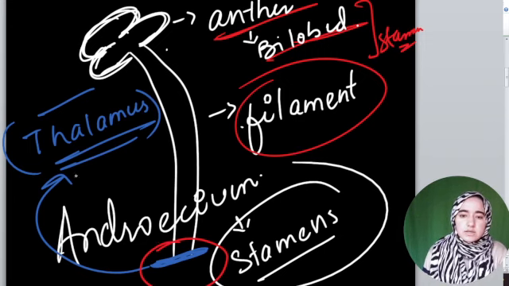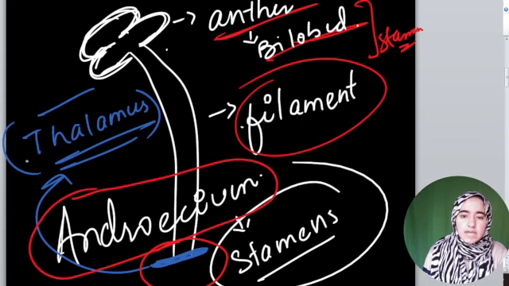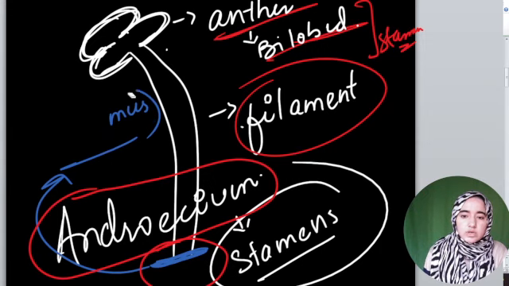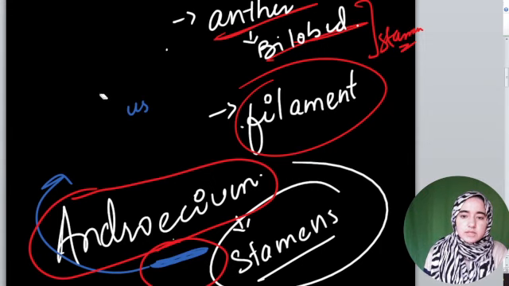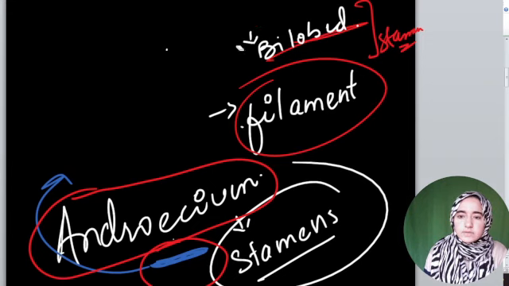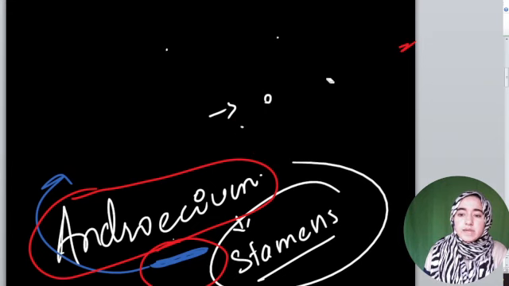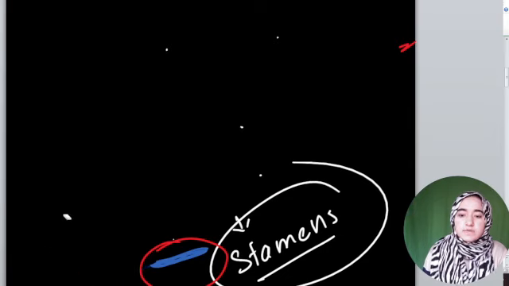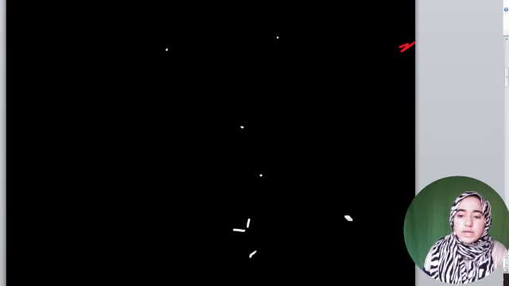Now, I already mentioned androecium means male reproductive structure, right? Then what is the female reproductive structure known as? Female reproductive structure is known as gynoecium. Please remember.